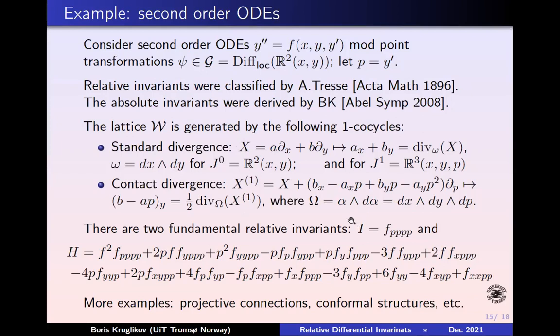So there are precisely two relative invariants. One which has a very simple form is just f fourth derivative by y prime, denoted by p. And the other relative invariant is a bit more complicated.